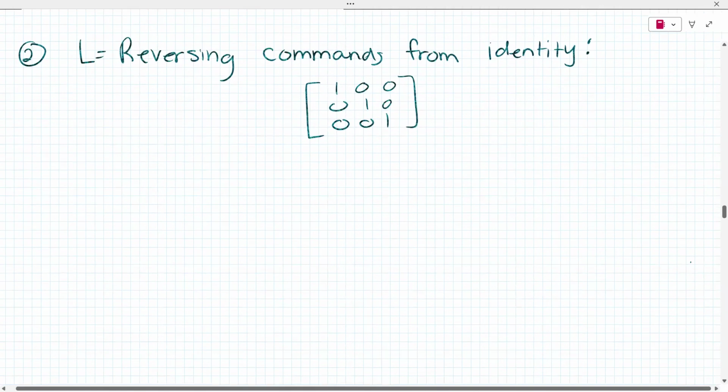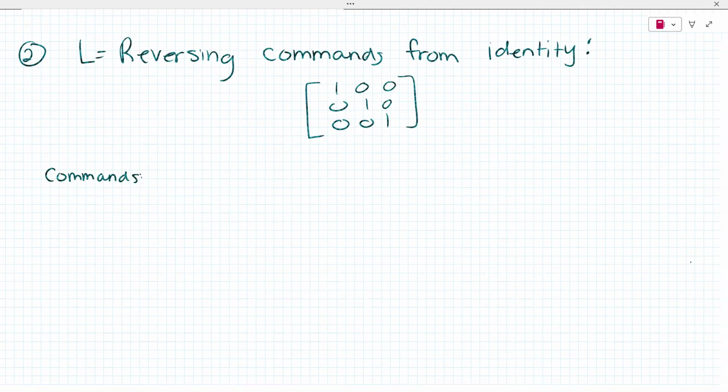So let me write out our commands. The first command was 1/2 row 1 gives us row 1. The second command was 3 row 1 plus row 2 gives us row 2.